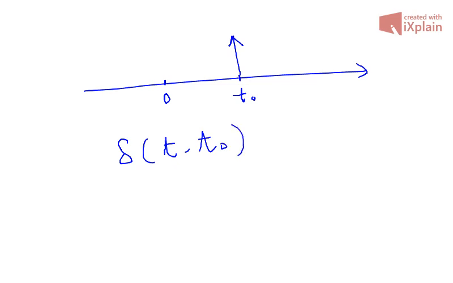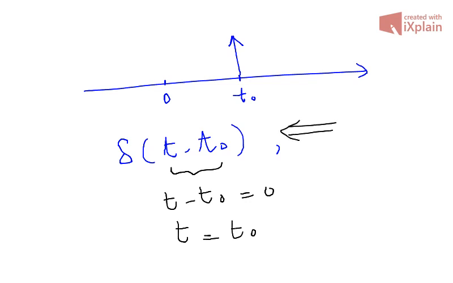This is the delayed version of the unit impulse which occurs when t minus t naught is equal to 0, which means t is equal to t naught. So this unit impulse is basically at t equal to t naught, right?